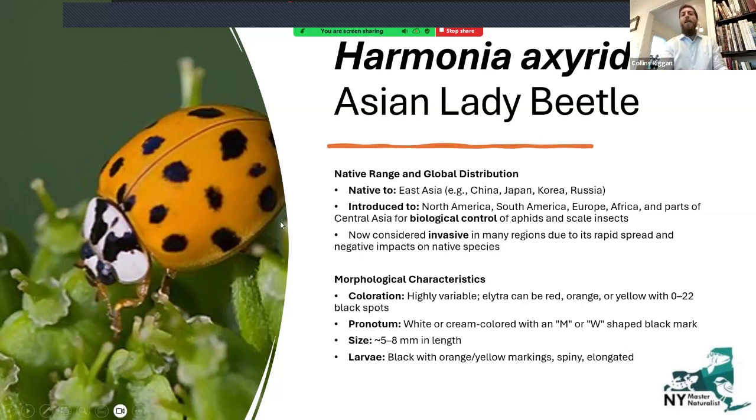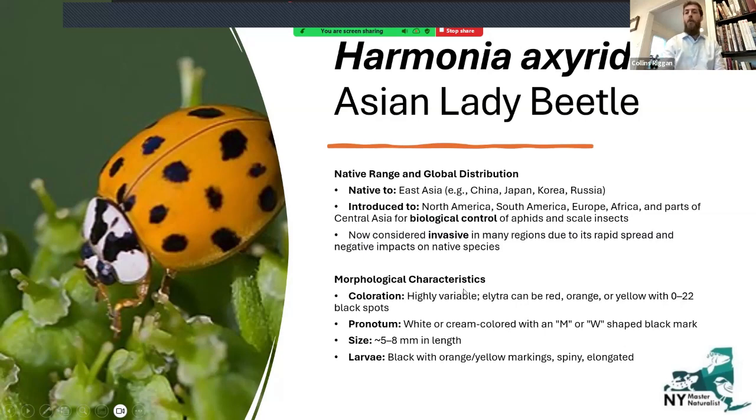So you can typically spot this one. It's going to be red or orange. I feel like typically they seem to be more on the orange side. It's probably one of the most varied in terms of marking and color, so that can make it very difficult sometimes to identify, or at least with certainty, that you're looking at the Asian lady beetle. It can have anywhere from 0 to 22 black spots. That's huge.